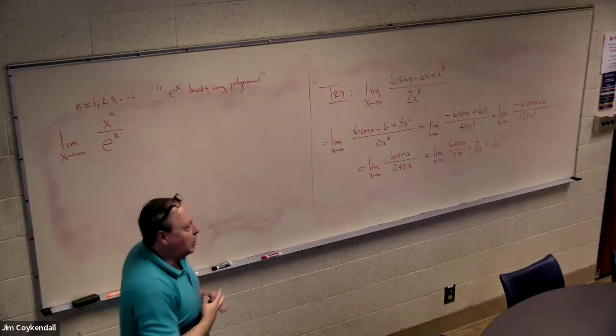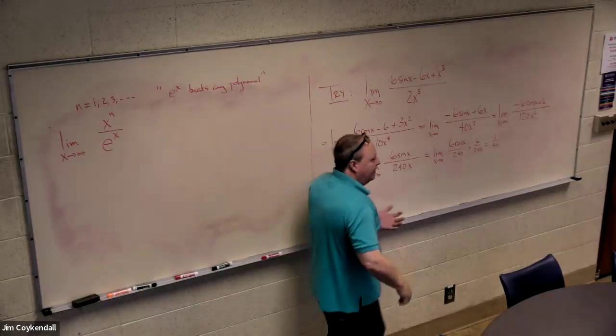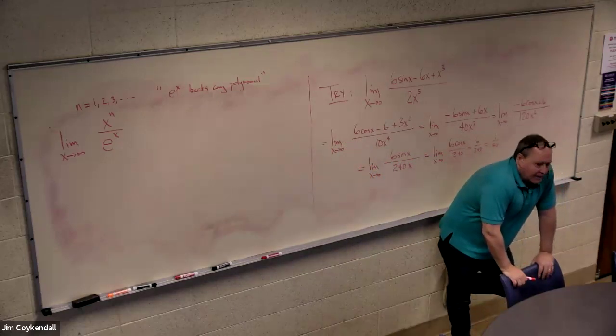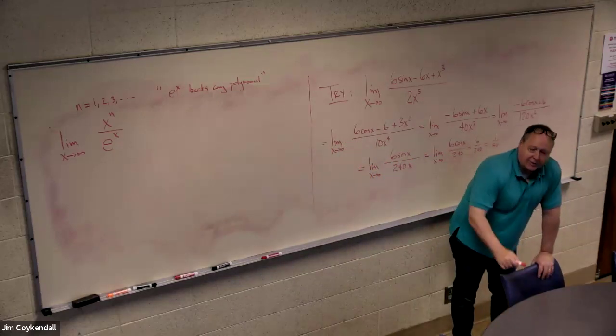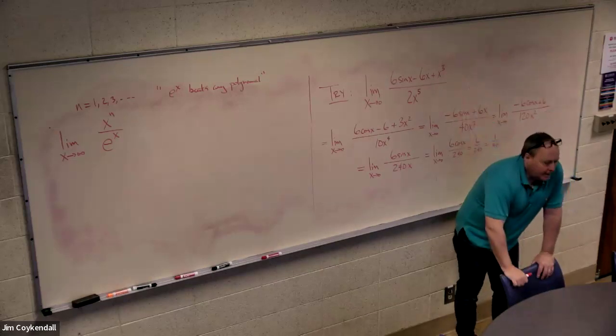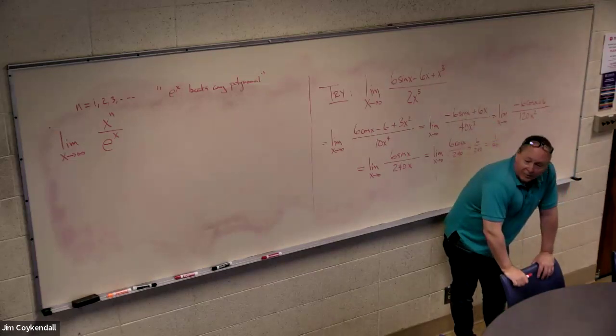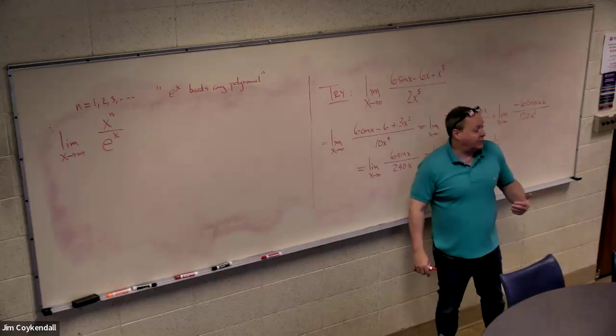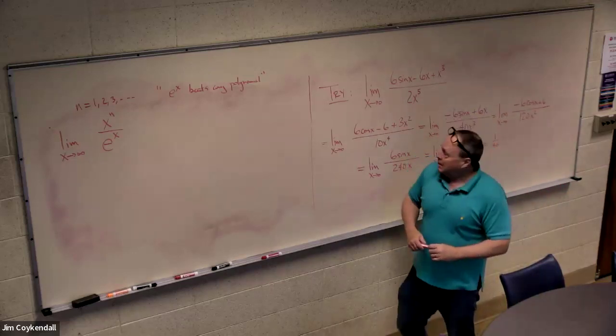And this is actually an important thing if you're an engineer or scientist, to know about growth rates of certain functions. The exponential curve, you all know what this looks like, right? It just goes up to the right pretty hard. I don't care how big your exponent is, you can have x to the 10 billion power. X to the 10 billion power is bigger than the exponential for a while. But no matter how big that exponent is, the exponential will catch it and totally smoke it, always.